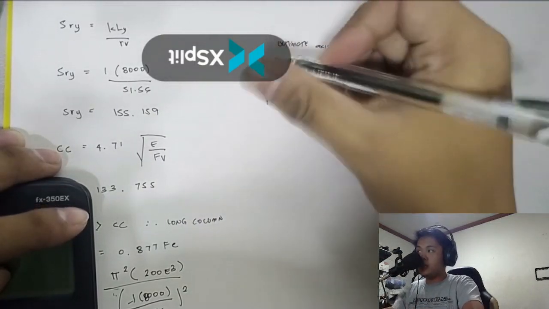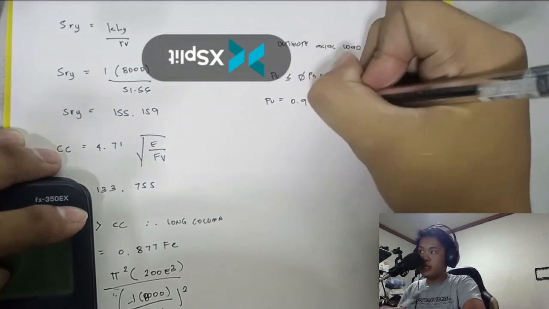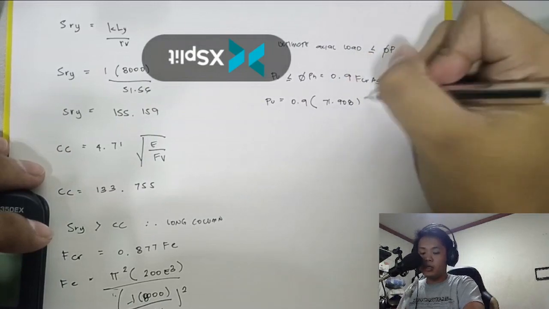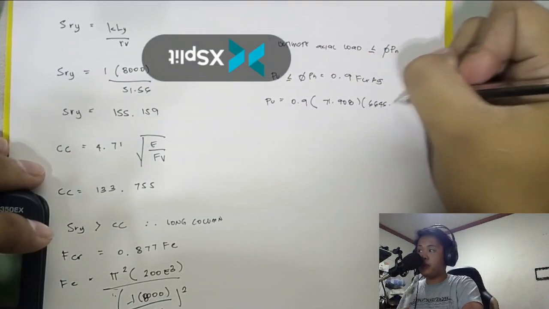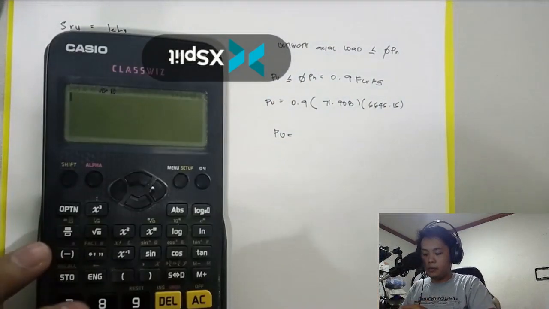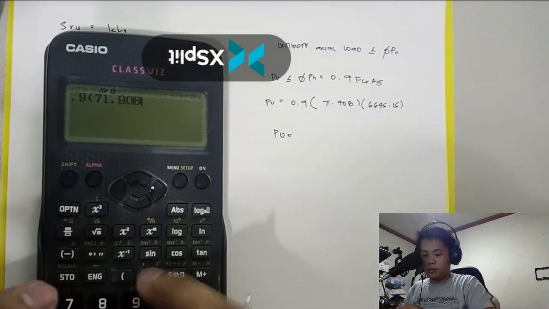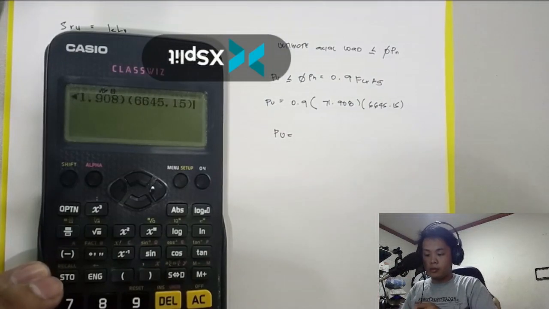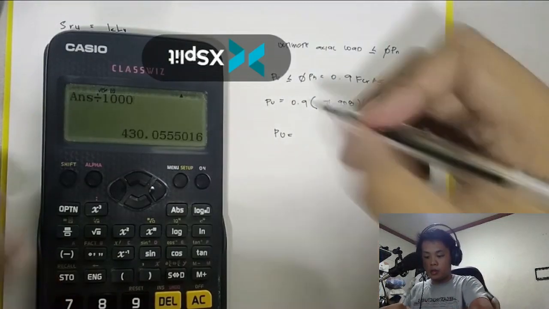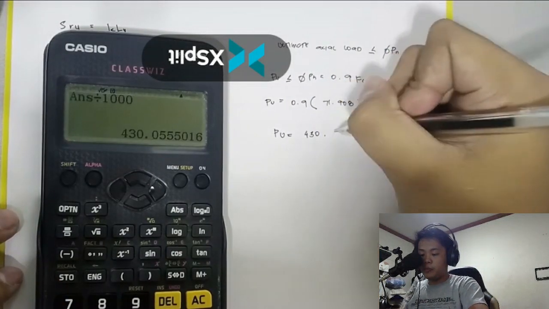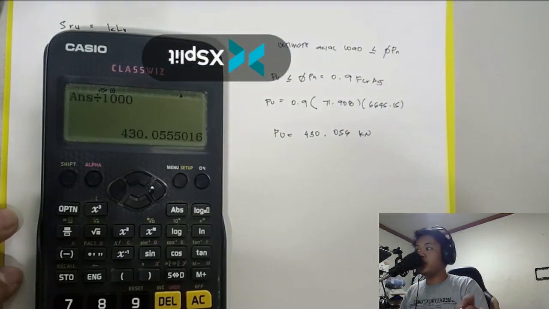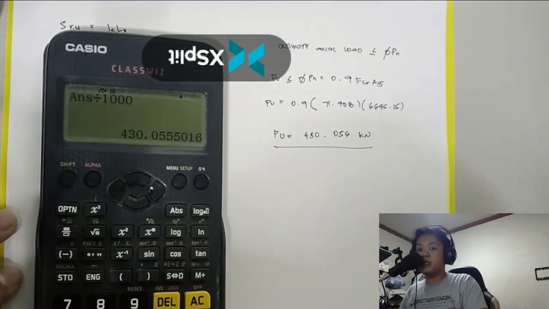So yung ultimate axial load is equal to 0.9, direct substitution, FCR, 71.908, multiplied by 6,645.15. So ang ultimate axial load natin ay 430.056 kilonewton. So yun lang po. And thank you sa pakikinig at panonood.